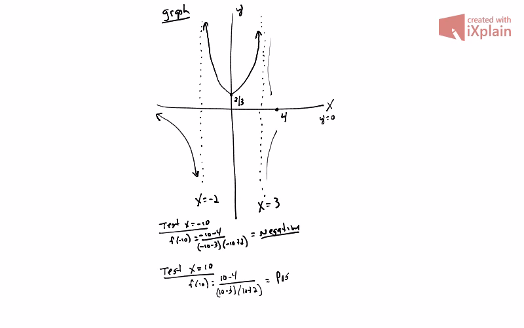So this turns out to be a positive value, which means the graph is going to start at the bottom and go up, and then come back down just a little bit towards the horizontal asymptote. And there is our final graph.